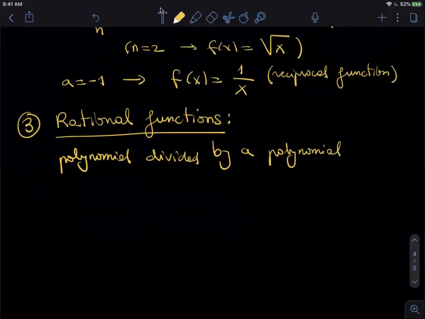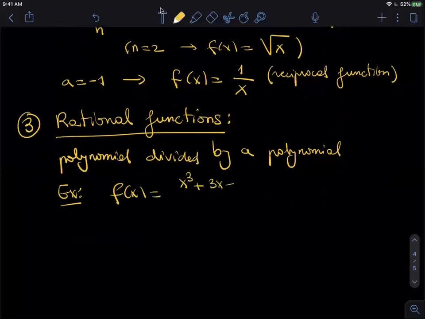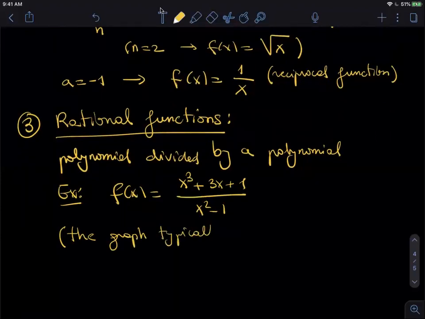One example would be, let's write something wild: x to the power 3 plus 3x plus 1, divided by x squared minus 1. Here, beware, the graph typically has asymptotes. We will learn about this later on.